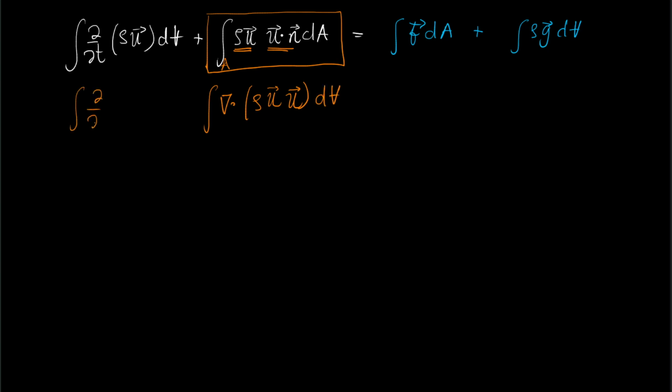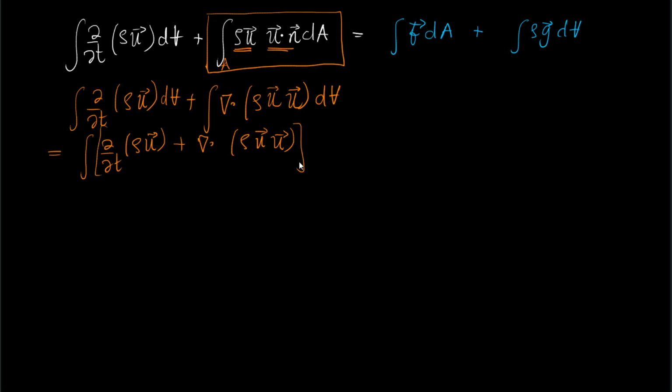So on the left hand side we have del t of rho u dV plus this, and so the left hand side boils down to the integral of del t of rho u plus the divergence of rho u, this entire entity integrated over the volume.